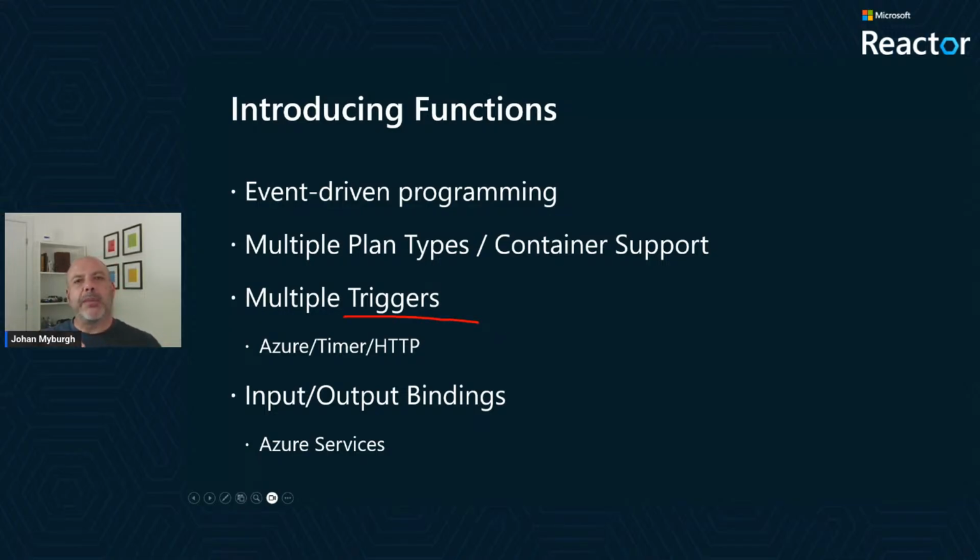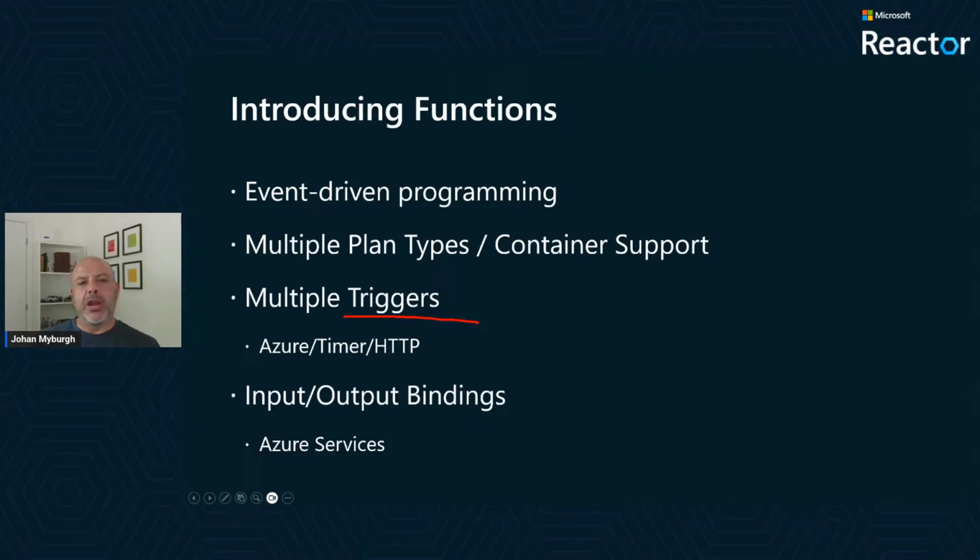There's always some sort of a trigger, and the trigger could be something that's happened inside of Azure. It could be a timer trigger, like a cron schedule. It could also be an HTTP request that's just arriving at the function app with a POST, or just a GET request for that matter.